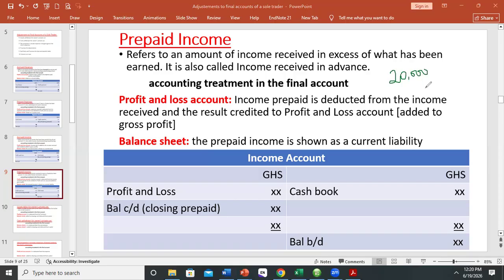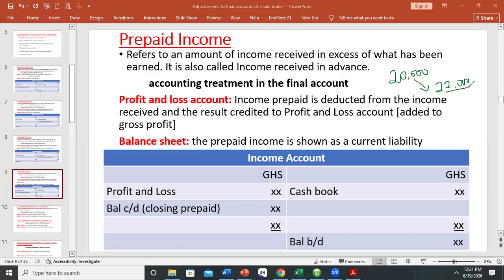But then the school has received a total of 22,000 Ghana cedis school fees. What it means is that the school has received 2,000 in excess from the students, and that is prepaid income, or the school has received some income in excess or in advance.